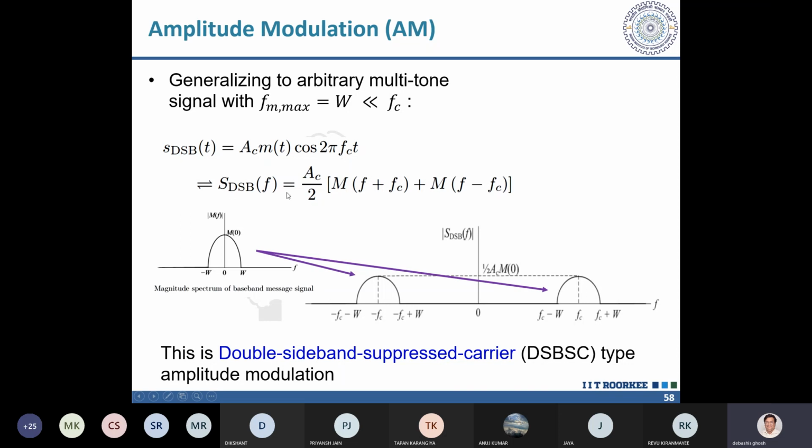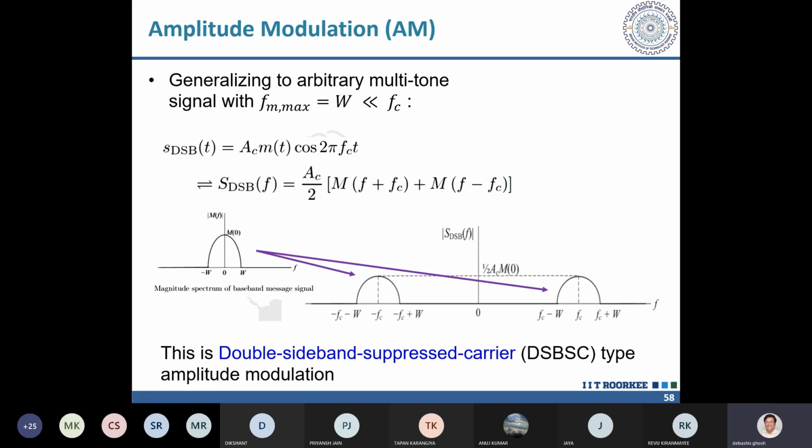This is actually how we write it. The spectrum is written in this form. M(f) is the spectrum of the original signal. So that now becomes M(f plus FC) plus M(f minus FC). This is how the translation takes place. This is M(f plus FC) and this is M(f minus FC). Now, this type of modulation is amplitude modulation.